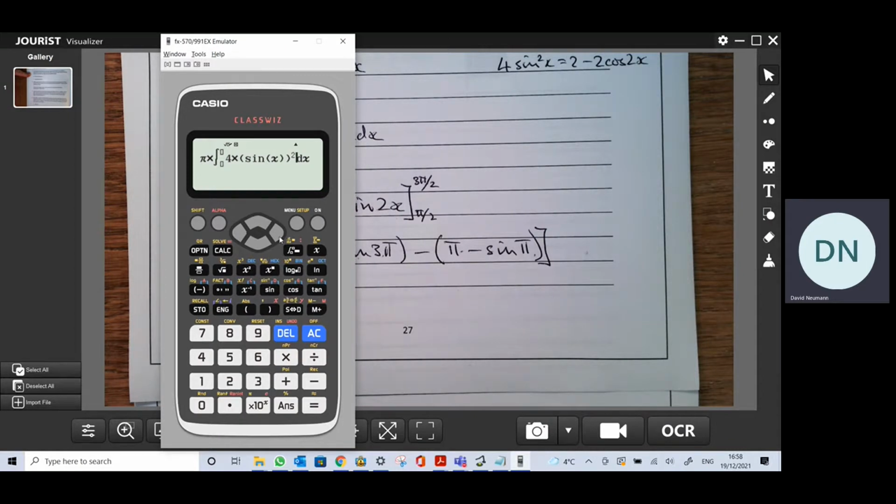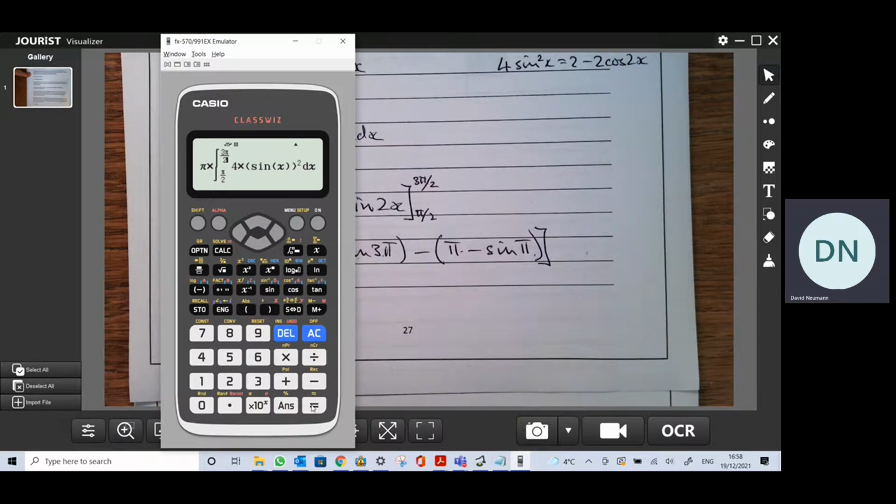And then we're going to put in our bottom limit, which was pi over 2. So shift pi, and then down and put in 2. Then we're going to go along there, and put in 3, shift pi, and then 2.